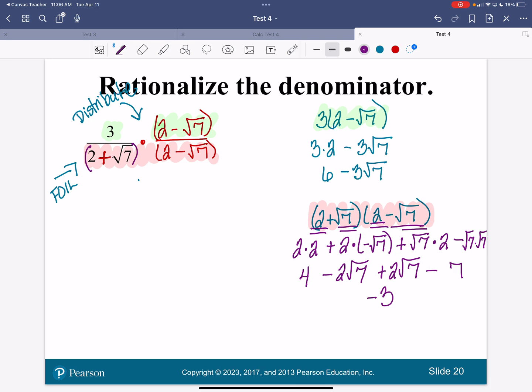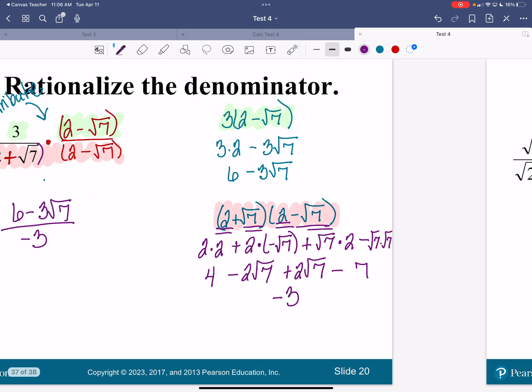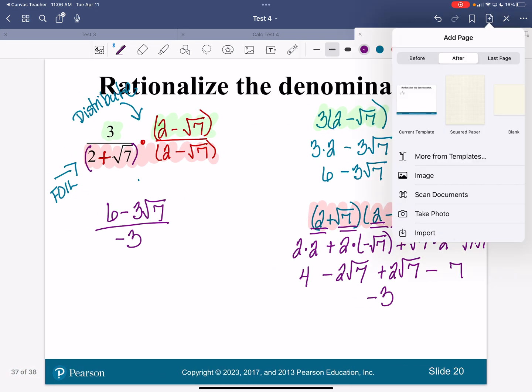So I've got 6 minus 3 on the square root of 7 over negative 3. Now, we are not done, and this can be simplified. And students make mistakes with this all the time. And even on your test, students made mistakes with this. So, let's go back and think about this.